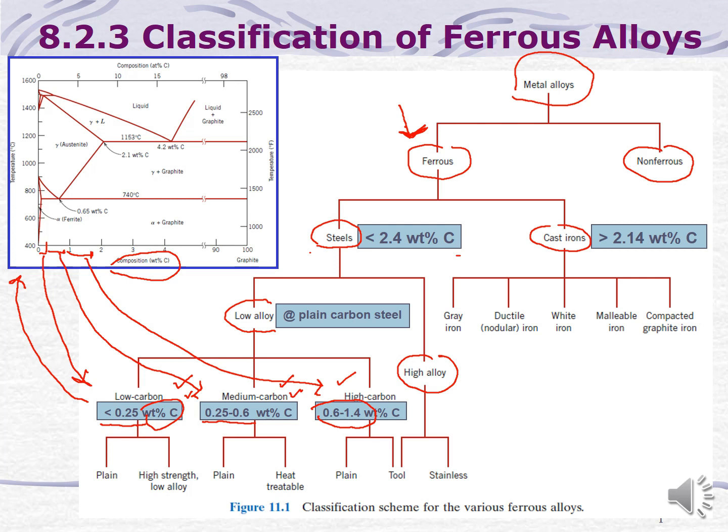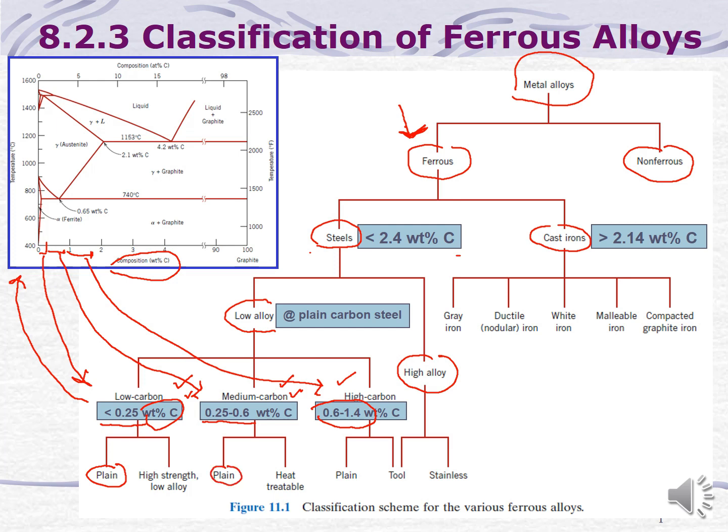Under these three groups, there are two types of carbon steel. You can see here under these three groups, there is plain carbon steel.